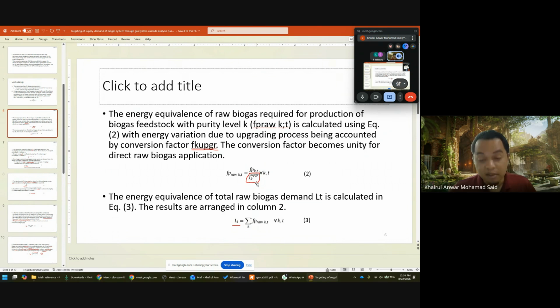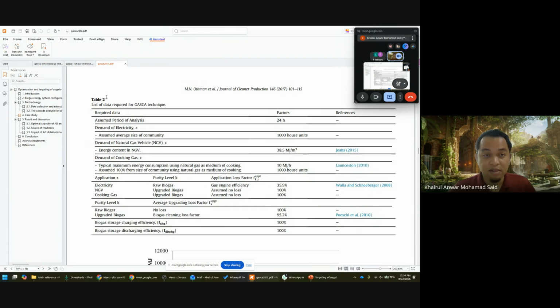This value is from table 2 as well. It is the upgraded biogas value, 95.2%.